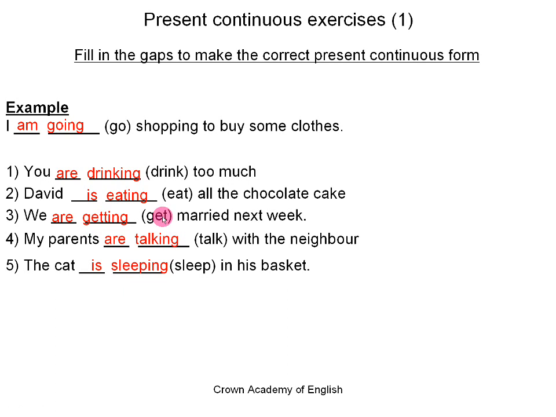But when we create the ing form for the verb get, we don't just add ing, we add an extra t, and then we add ing.